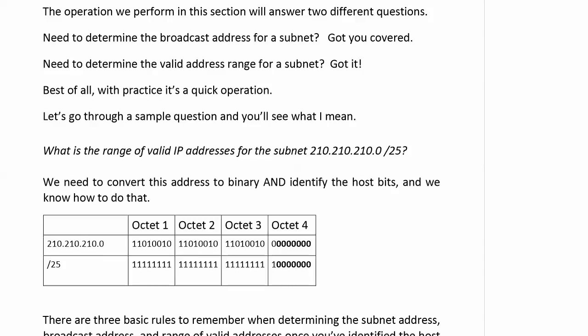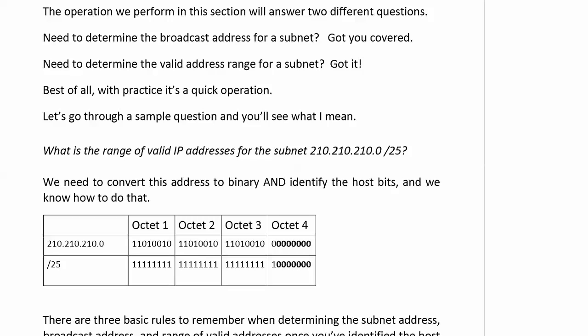What would the address be if all of those zeros in the address were set to 1? If every host bit was set to 1. You want to be careful with this because some people jump to and say, oh, 255. But we only have 7 host bits. We don't have 8. So if we have those last 7 host bits set to 1s, that's a total of 127.